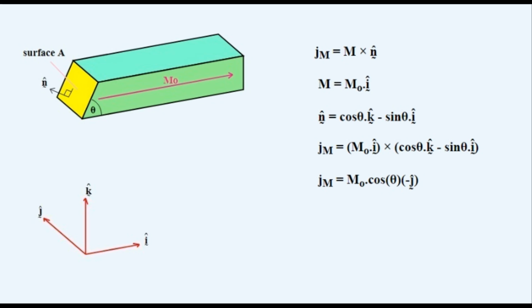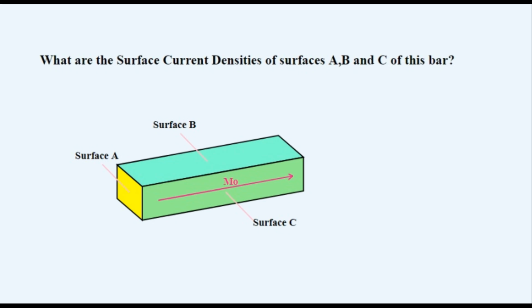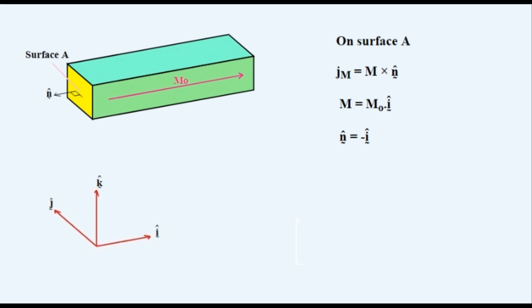And now, considering this bar, we must find the current densities on 3 of its faces, A, B and C. Surface A is now perpendicular to both B and C, and is not inclined. Well, to calculate the current density for surface A, the first two lines are the same, but the unit normal is minus I, which is a very tidy vector to work with.